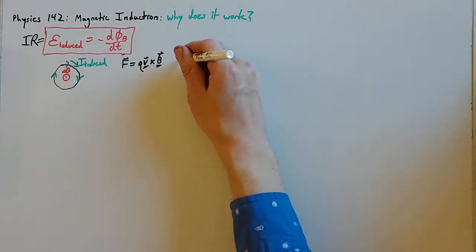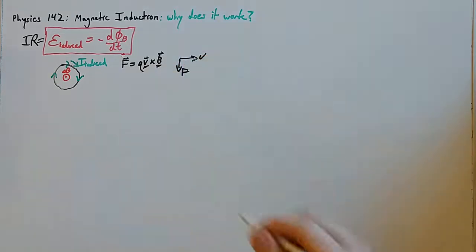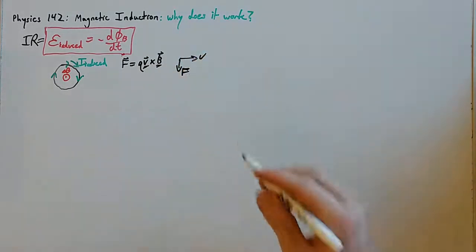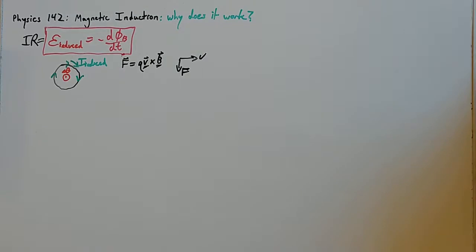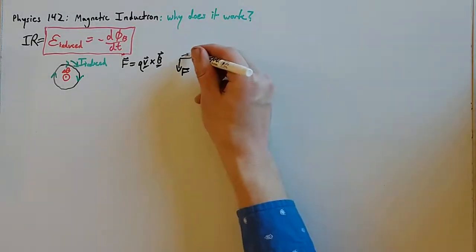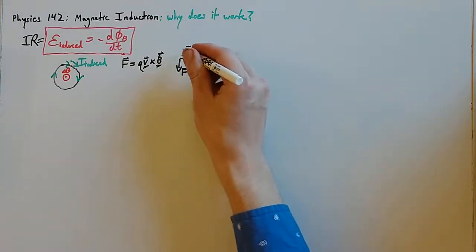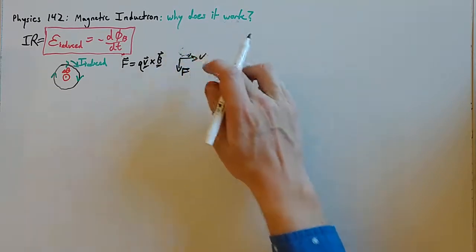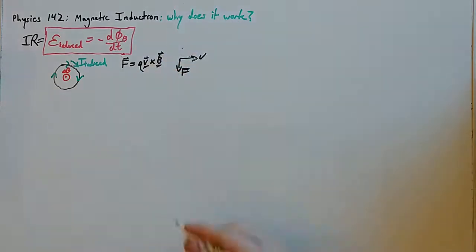If you're going this way and you apply a force perpendicular, that doesn't increase your speed. The only way you can increase your speed is by applying a force that's in the same direction, or at least has a component in the same direction. And so magnetic fields can't do that. So it can't be a magnetic field that's actually providing the push that gets it going.